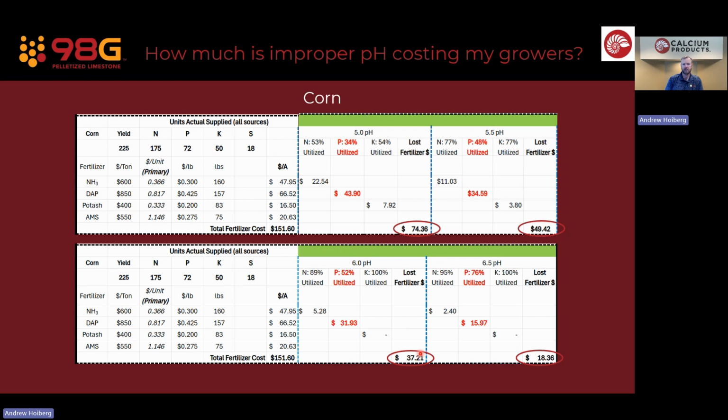And those are discussions that your sales reps and us and the technical support team are ready to have with you and your growers. I would just again echo the fact that we've got some great information and data available to help drive those decisions at the farm gate.